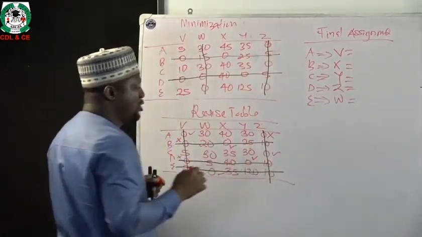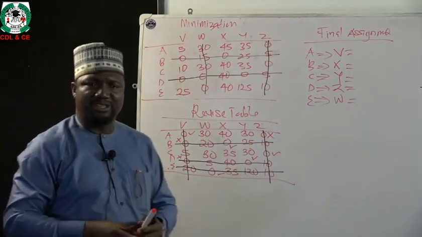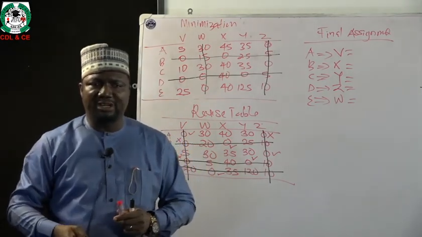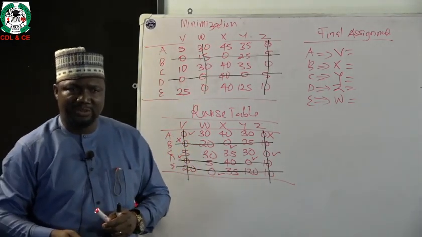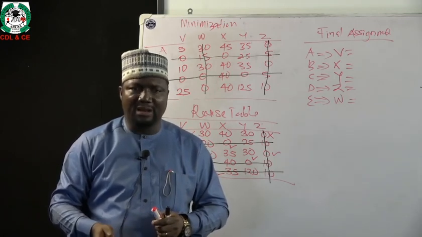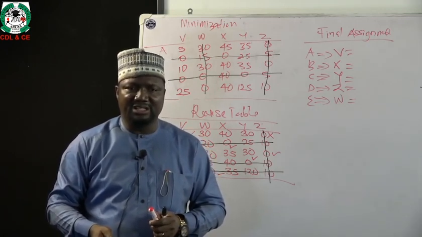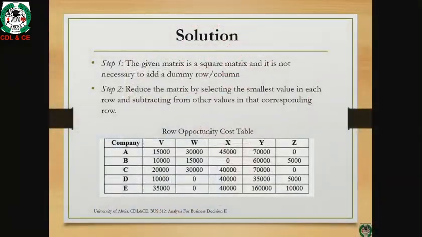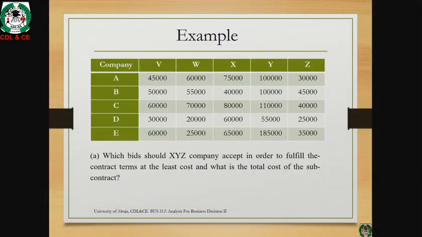Then we go to the original cost matrix, from where we started. A should be given, according to what we have on the board, V. What do we have on V? 45.